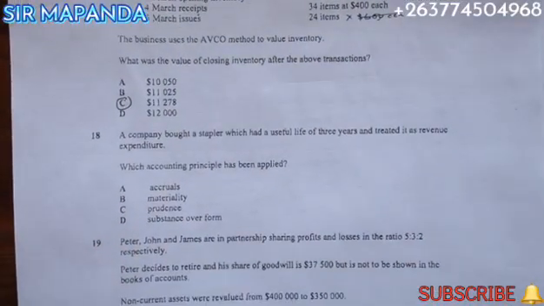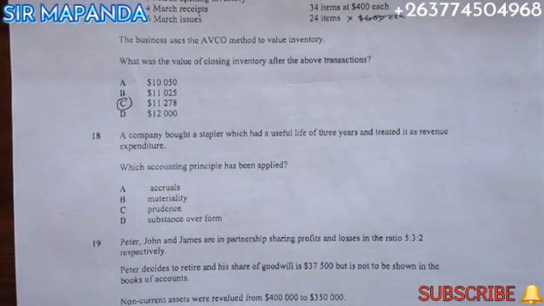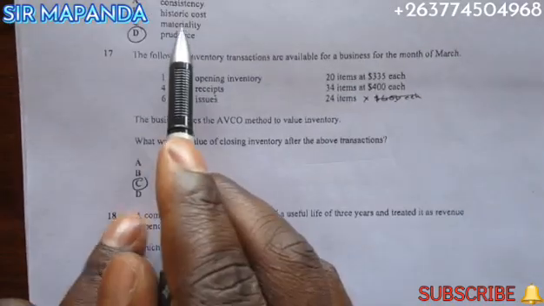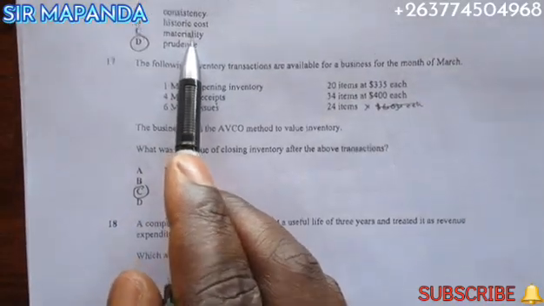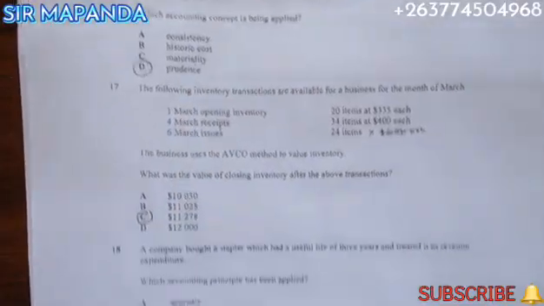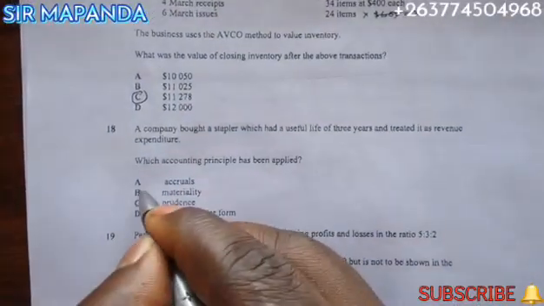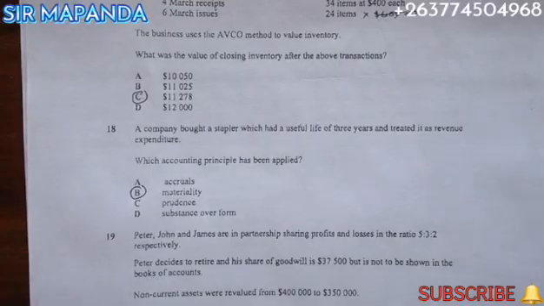It reads, a company bought a stapler, right, which had a useful life of 3 years and treated it as revenue expenditure. So this is the concept that I was just explaining on question number 16, the materiality concept. So your answer is B. Items bought for business use which are of less significant value, such as stapler, must be treated as revenue expenditure.